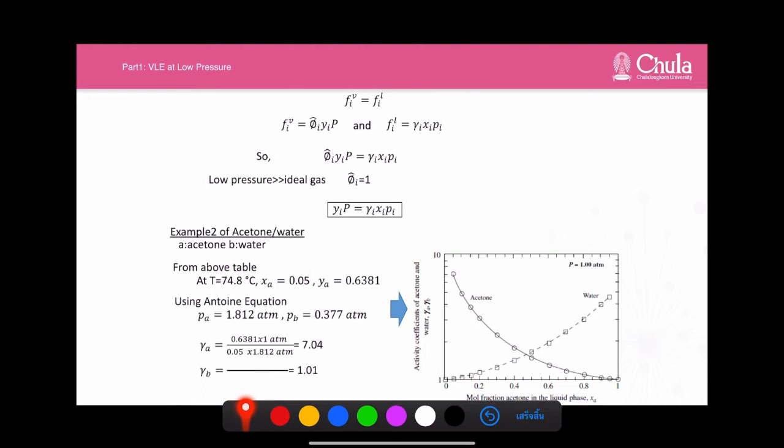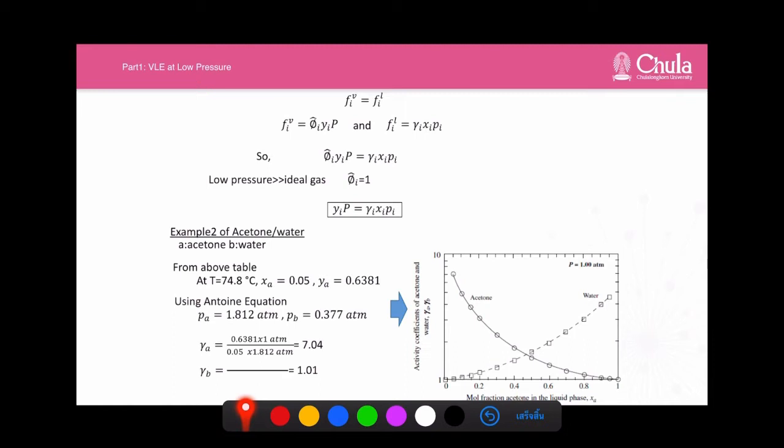And if you look at the fugacity of liquid phase, we know that the fugacity of liquid phase can be approximated using the fugacity of saturated liquid, right? And the fugacity of saturated liquid can be approximated as the fugacity of saturated vapor, okay?